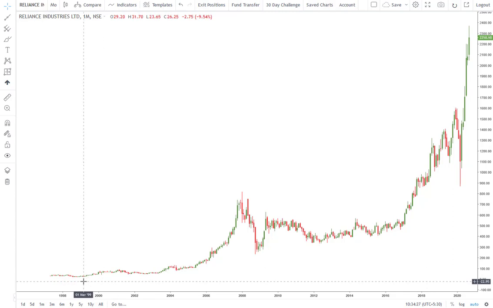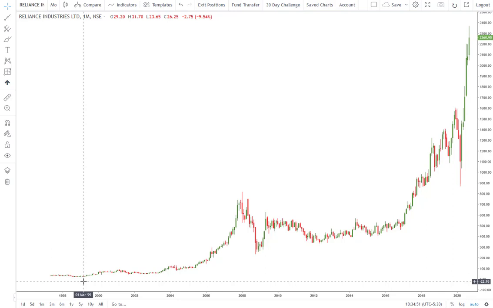This problem that a linear chart faces is corrected by a log chart, which gives as much importance to a price increase from say rupees 10 to rupees 20 as it does to a price increase from rupees 100 to rupees 200, both of which represent a 100% increase.